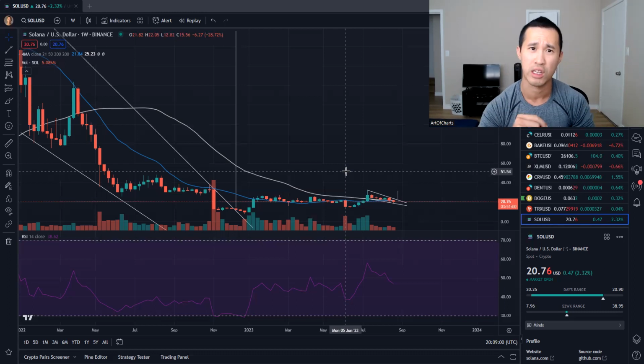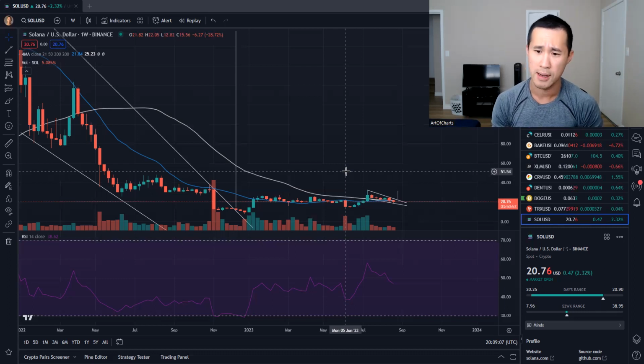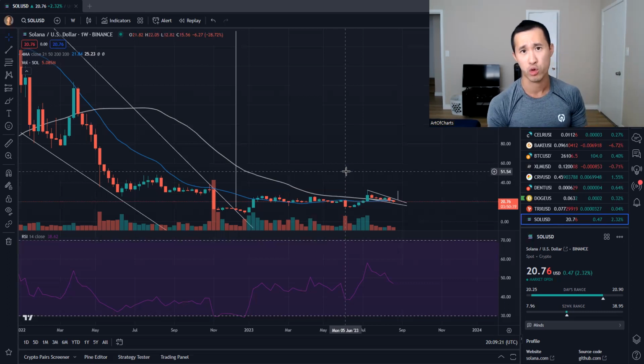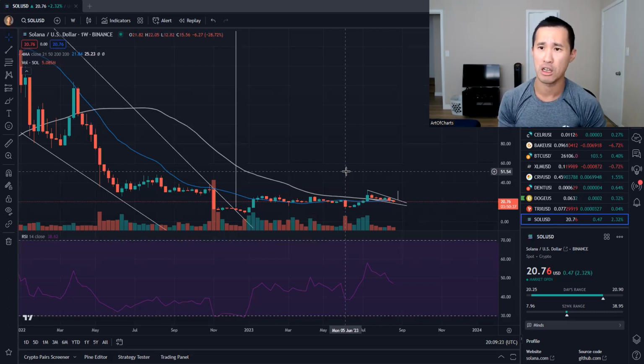But we do have the weekly 50 SMA coming up, and depending on how the price action goes, that's going to change my opinion as well. I think that's valid to say as a trader. You really just have to see what the data gives you and how the market acts, so I can go long or short, right? So that's basically it.